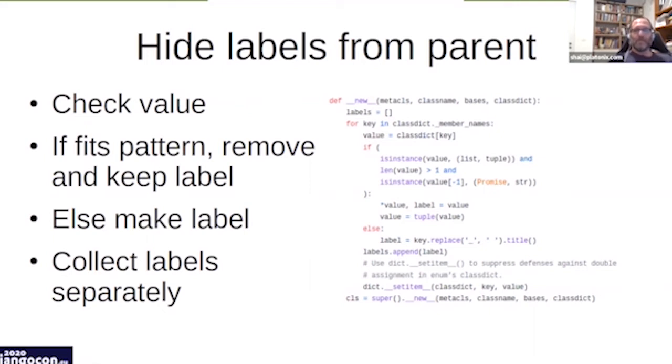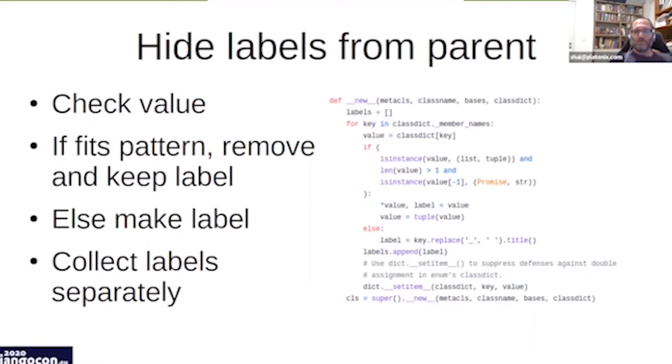One of them is the list of member names. When we say member here, we mean one of the values of the enum. When you define an enum subclass, you can define enum members, but you can also define methods and other things which are not members. The enum meta class takes care to produce a list of just the member names.